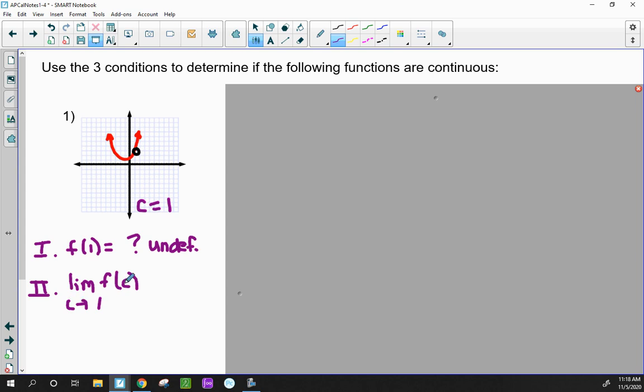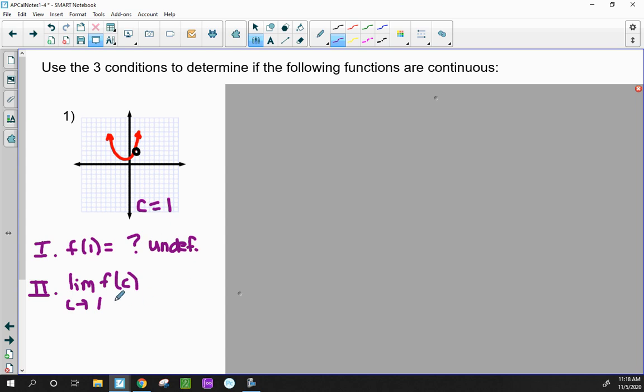So if I put 1 in here and I look at it from the perspective of the graph, if I'm approaching, look at the x's, and as the x's get closer and closer to 1 on the x-axis from both sides, the graph is doing what? Well, it's approaching a height. Now I know there's a hole there, and so when I ask you f of 1, you're trying to give me the y value for that, and since there isn't one, that's why it's undefined.